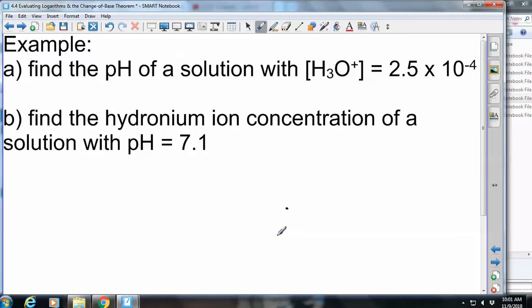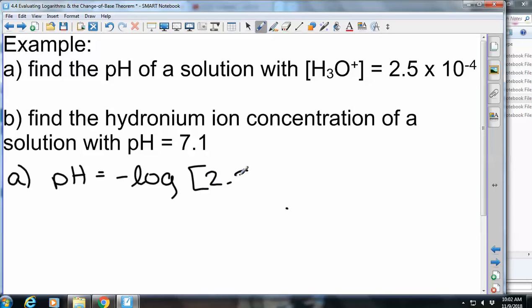So let's look at this problem. I want the pH of a solution with a hydronium ion concentration of 2.5 times 10 to the negative 4. It looks ugly, but all you're going to do is use the equation I gave you. pH is the opposite of the log. H3O plus is 2.5 times 10 to the negative 4. On your calculators, we have a button for log base 10.